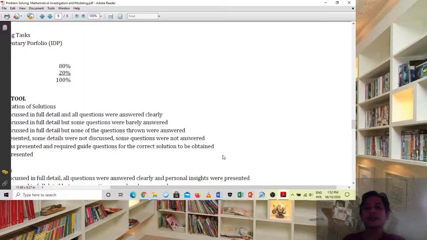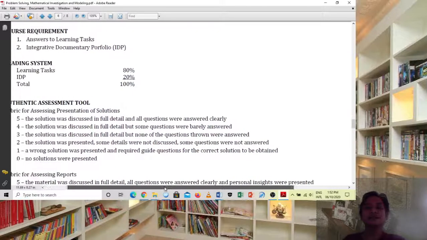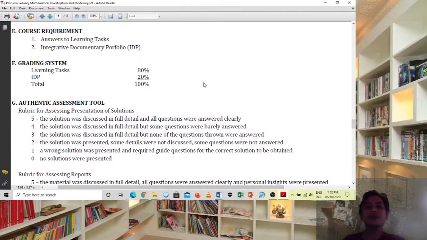For the computation of grades, just like the other subjects, your grades would be based on two criteria. Your answers to the learning tasks would comprise 80% of your grade, and the remaining 20% is for your integrative documentary portfolio, or the IDP. By the way, I have not said this in my overview of the other subject in abstract algebra, but your IDP would be graded as a whole.